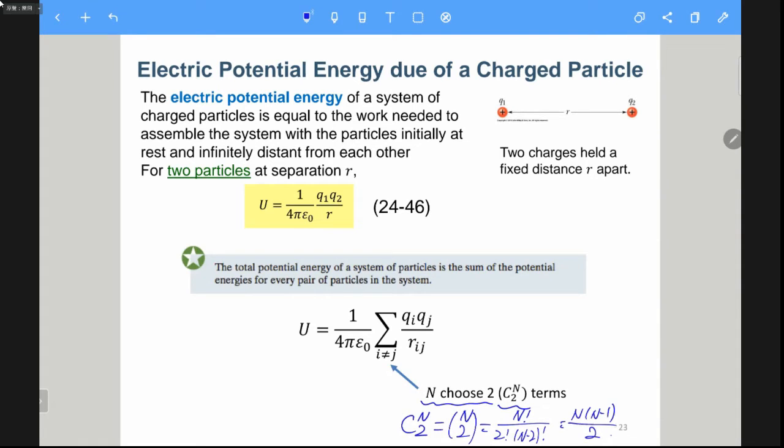For example, if we have 3 particles, i and j: 1, 2, 3, something like this.